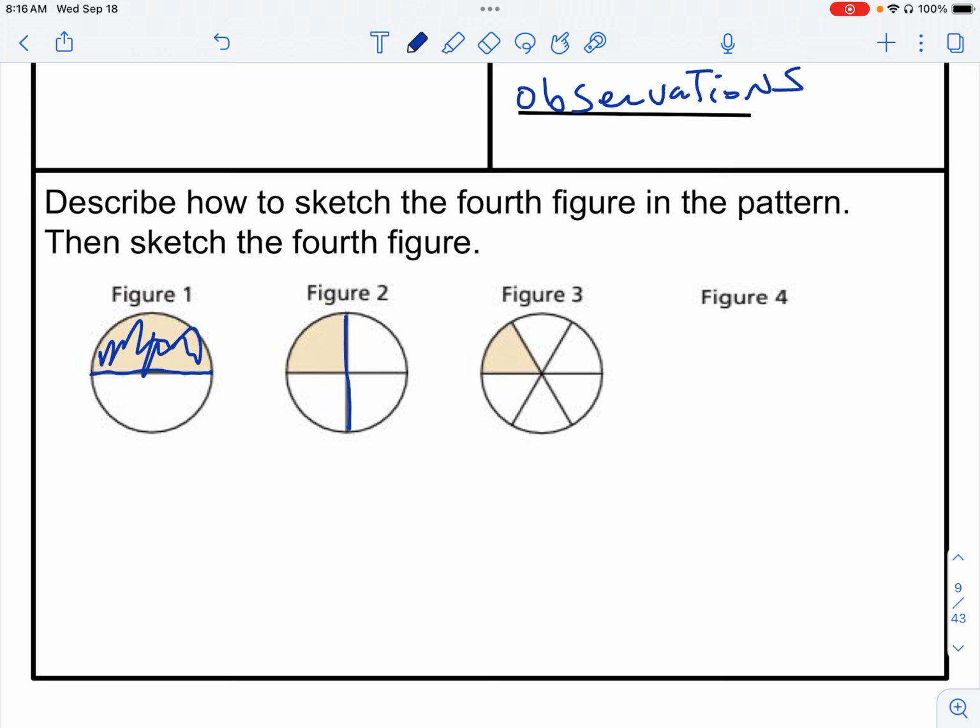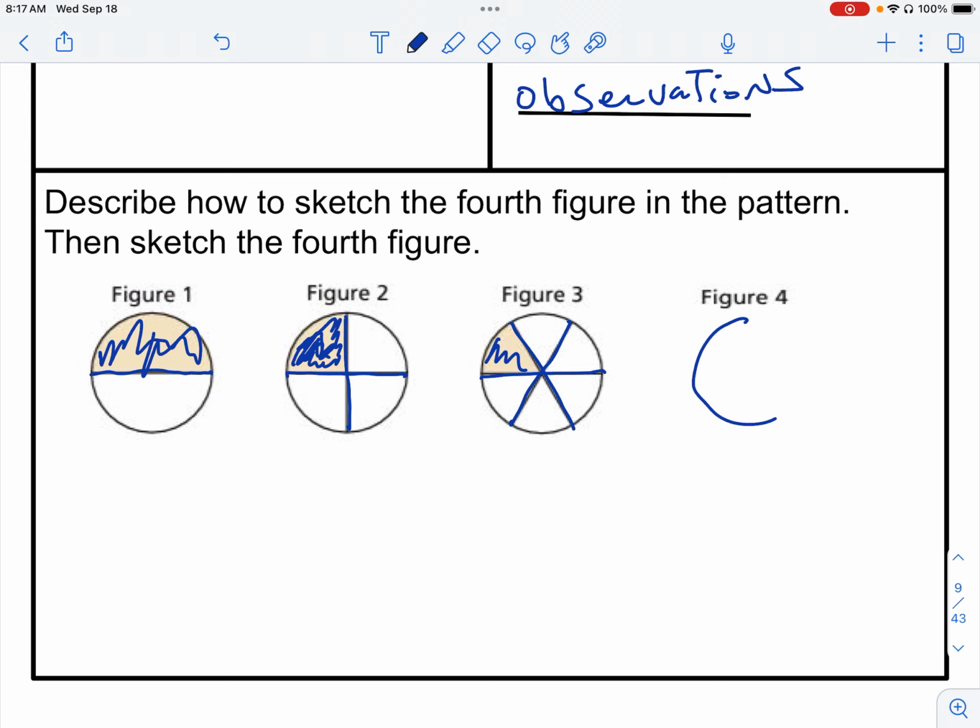Figure 2, we cut it in half twice, creating equal pie parts, and then shade in the top left quadrant. Okay, figure 3, we're going to cut it in half 3 times, creating equal pie parts, and shade in the piece on the left, just above, just into the northern hemisphere.